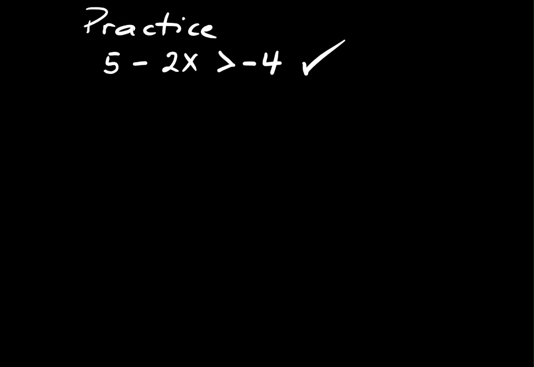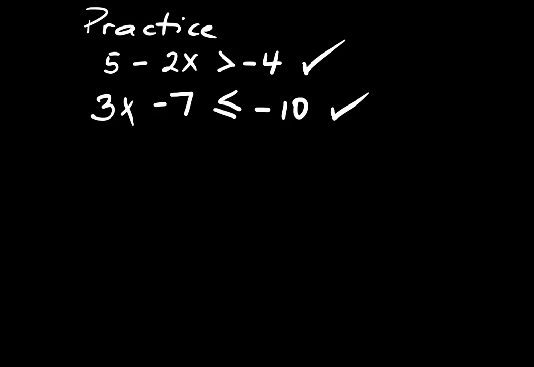Okay, so let's take another one. 3 times a number x, 3 times x, minus 7 is less than or equal to the opposite of 10. There you go. Let's take another one.